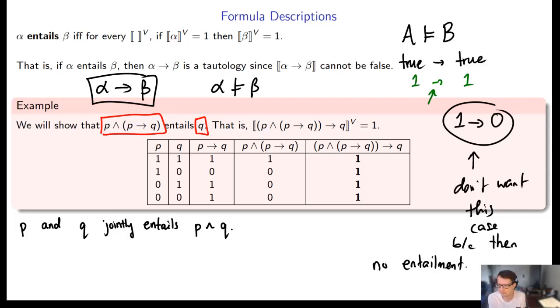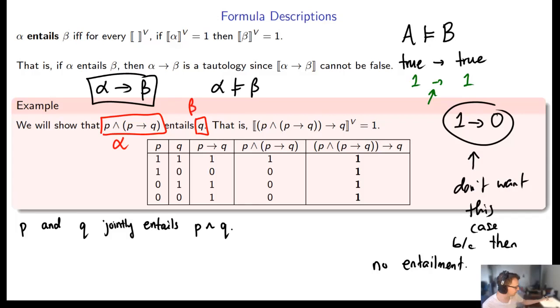You can do the truth tables. It's the same process as before. The difficult part is setting it up and saying we have an entailment. That's the tough part. If we want to show entailment, we're asking ourselves, does alpha entail beta?